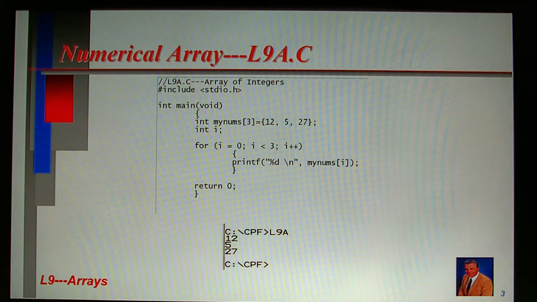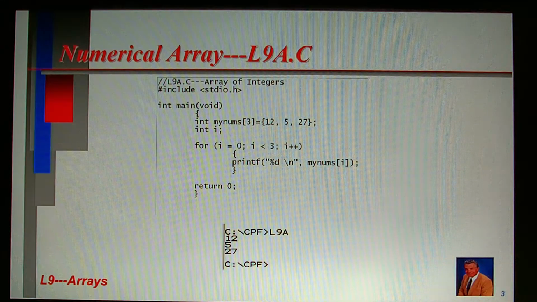Computer program model L9A.C demonstrates a one-dimensional array that provides a workaround for the C computer program language's lack of a string data type. Let's take a closer look at the source code for declaring and processing a string of integers.